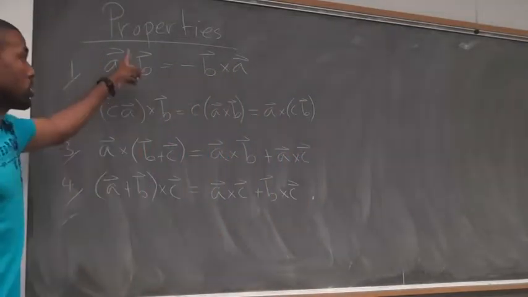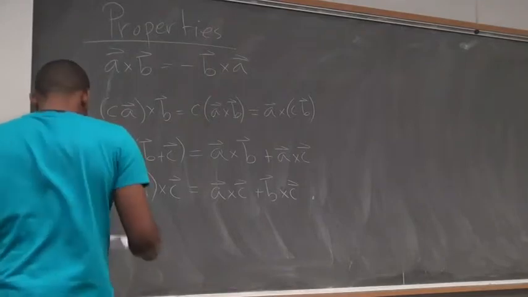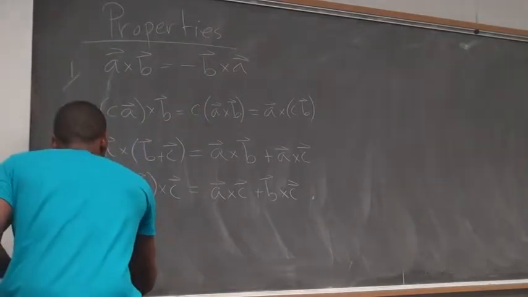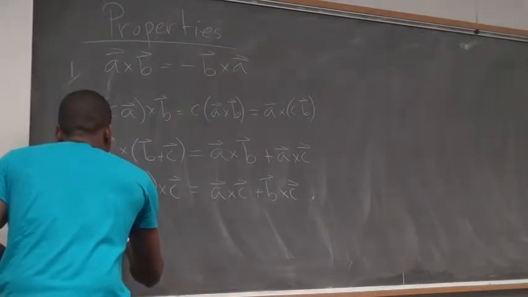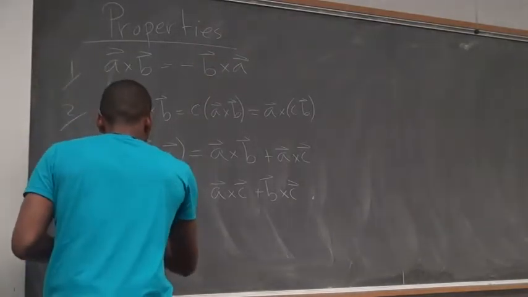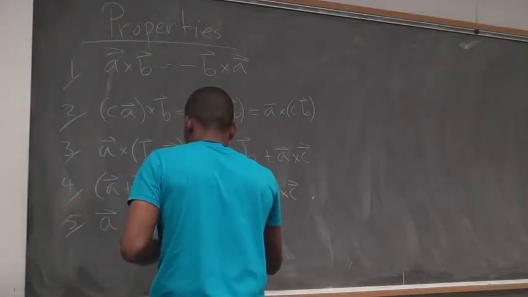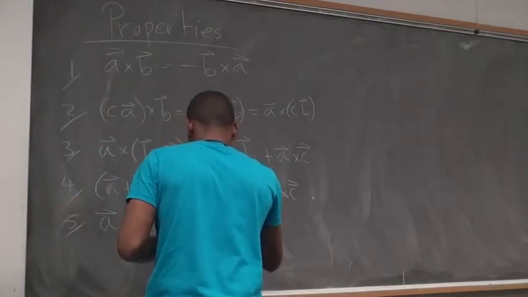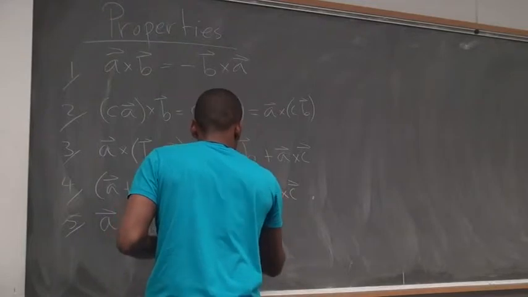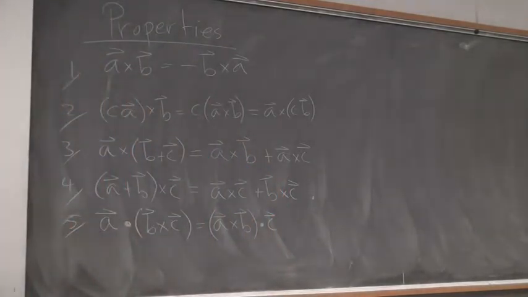And again, the order in which you multiply matters, right? So the positions actually matter. This is how the dot product and the cross product mingle with each other.